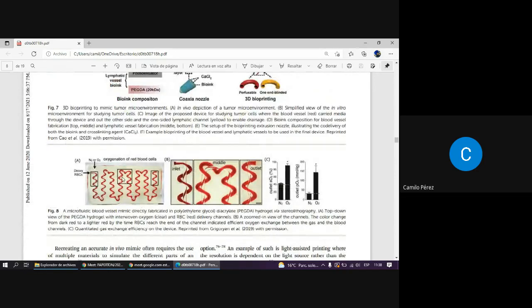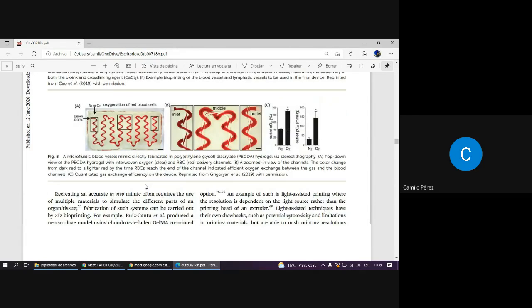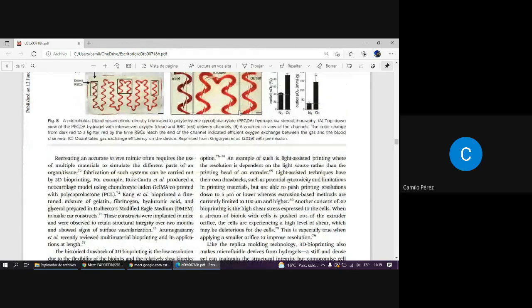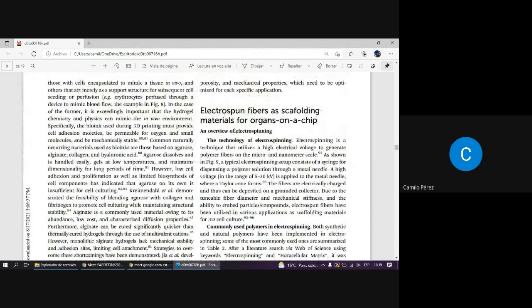It's the other example, but how the cells in the chip, what's the behavior of the environmental cells reaction in the chip with containment and bioprinting.